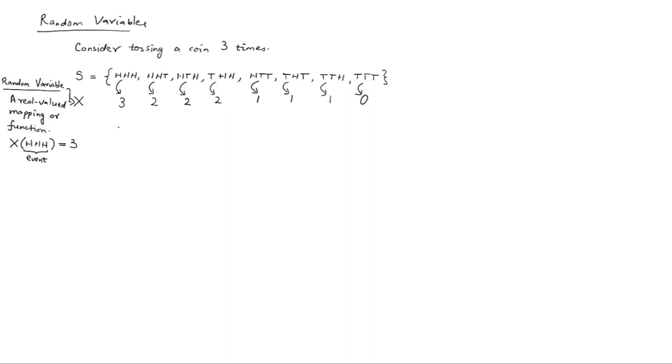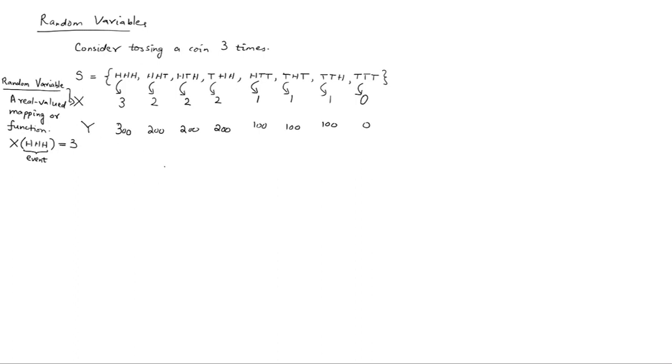Head, head, head. 300. How many rupees will you win if the second outcome occurs? 200. Okay. And here, 0 rupees. This new mapping is also a random variable.